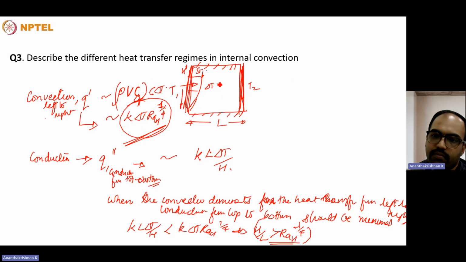That will be the first regime, when the heat transfer from left to right will be K into area, which is H into 1 into delta T divided by L. In this case of conduction, we have denoted it as the conduction from the top to bottom.